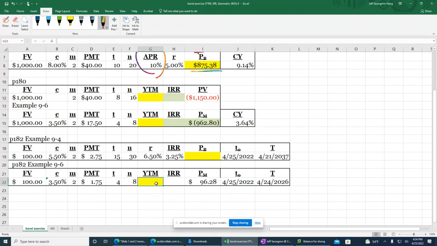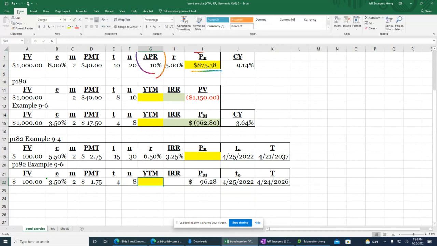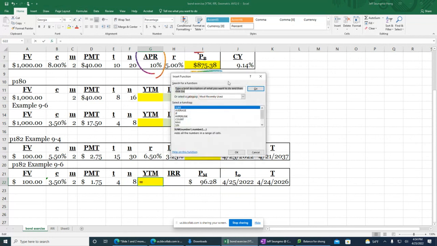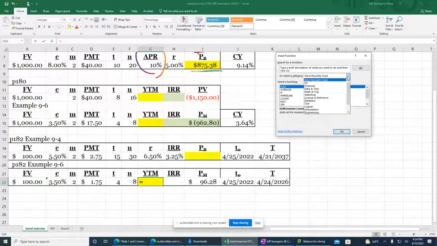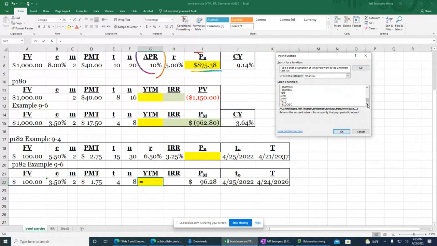Now, we're going to use the yield command, which is a built-in command in Excel. So we're going to go to formula, or function, right? And then if you click on that function and go to financial, and scroll down to Y, because it's yield, you see yield, right?